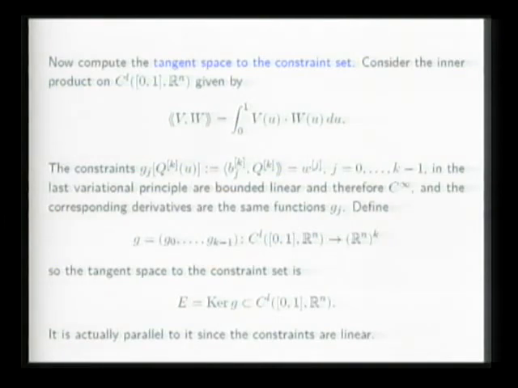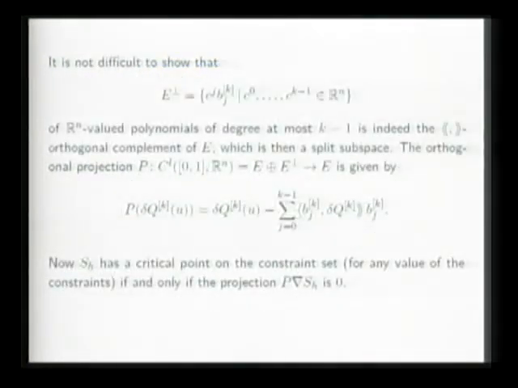Kernel of g, actually, this is parallel to the constraint set because they are linear. So it's just a translation to 0 if you want. And we call that kernel of g, this tangent space, E. The E orthogonal with respect to this inner product that we introduced in the last slide is the space of vector-valued polynomials of degree at most k minus 1.